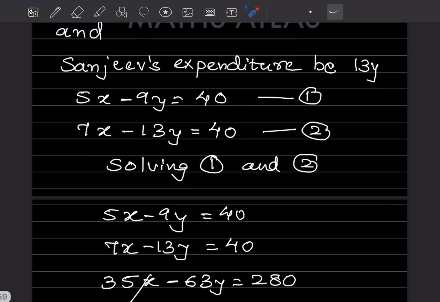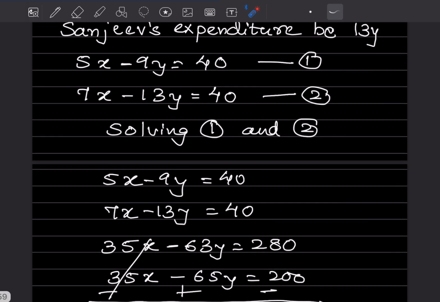So now what will you do? Same thing, I have written these two equations over here. So now you can see how to solve this one, because now you need the value of x and y. We'll take this x. Now you can see the coefficient is 5 and this is 7. So we have to make both of them equal.